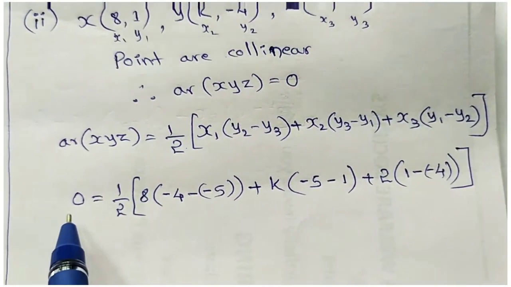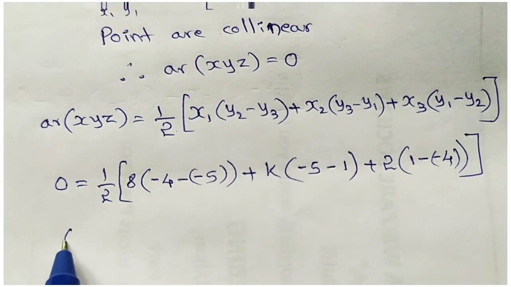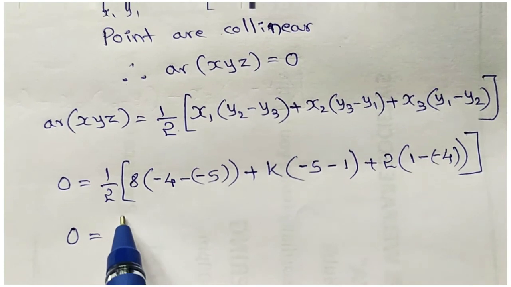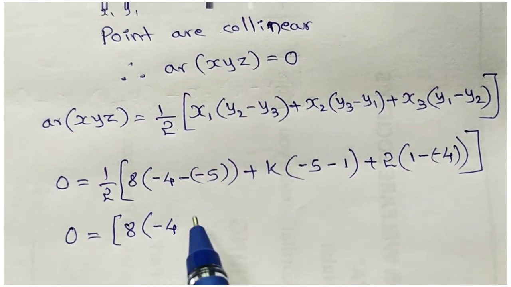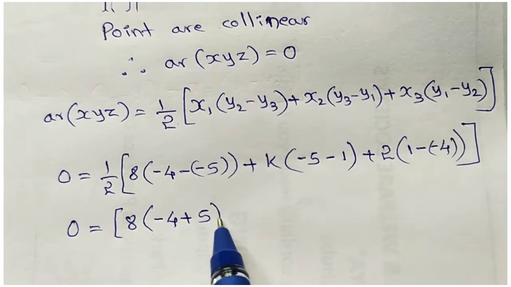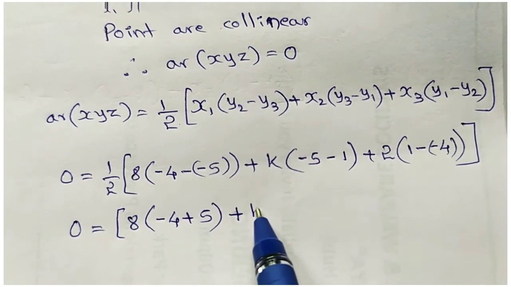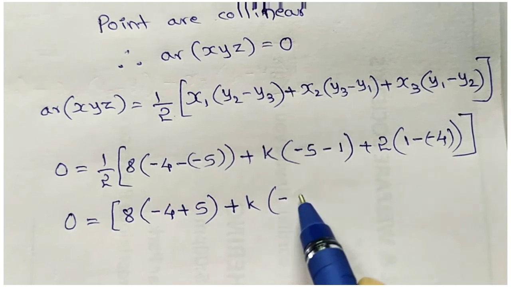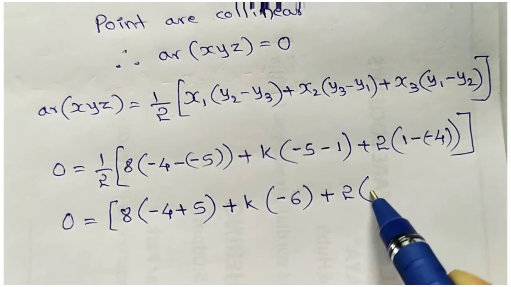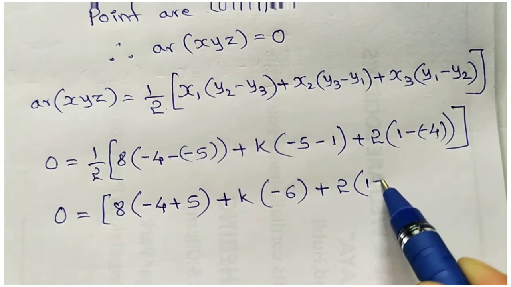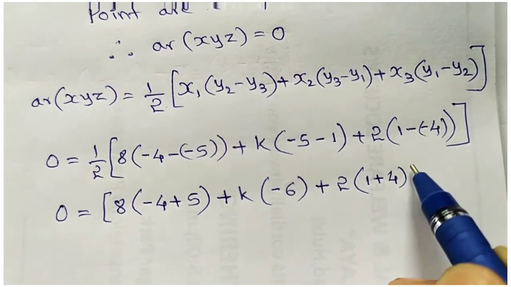Now take the 2 to the left side, it becomes 0. So next 8 minus 4, minus into minus, plus 5, plus k into minus 5 minus 1, it becomes minus 6, plus 2, 1 minus into minus, plus 4.